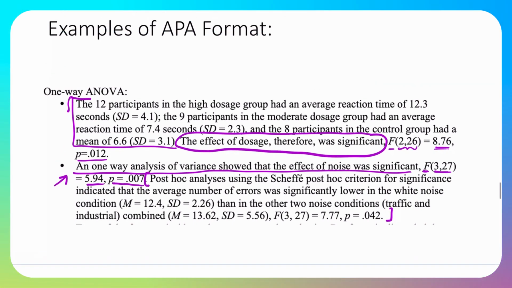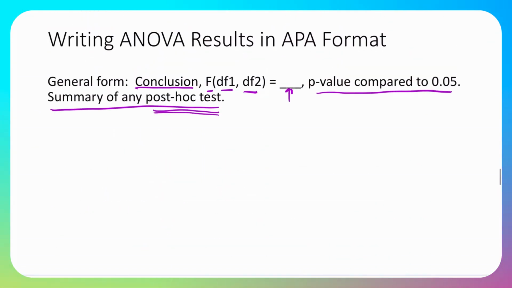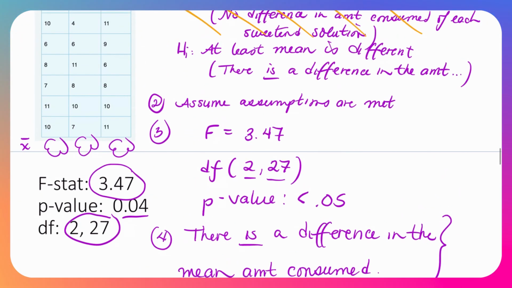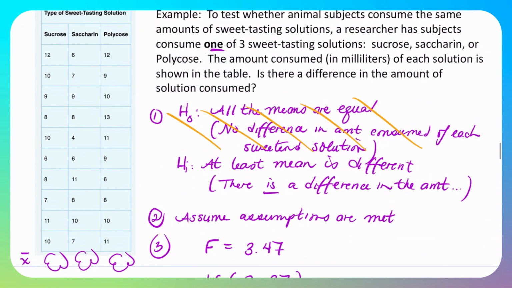Okay? So for example, if we were going to start writing the conclusion of this test, what are we testing? To test whether animal subjects consume the same amount of sweet tasting saccharin.